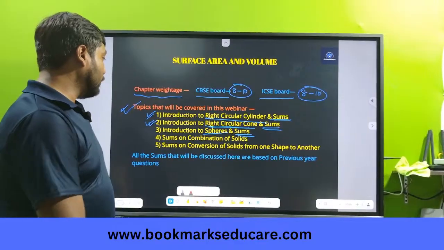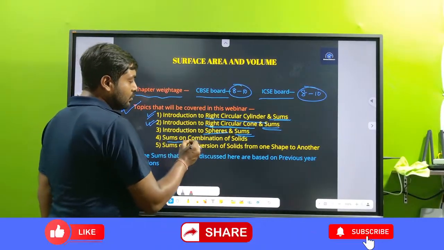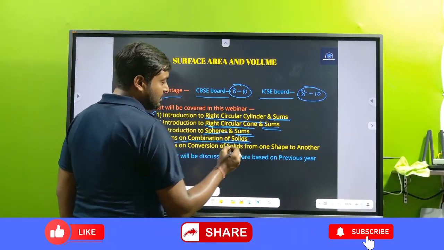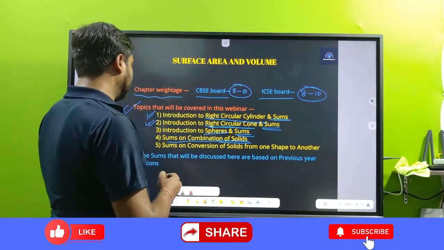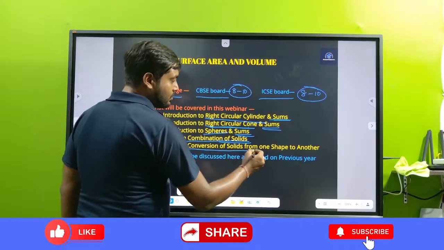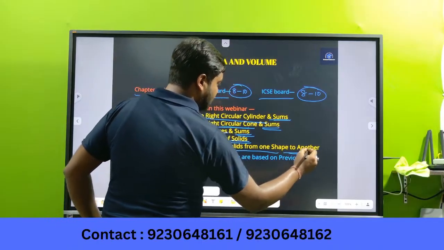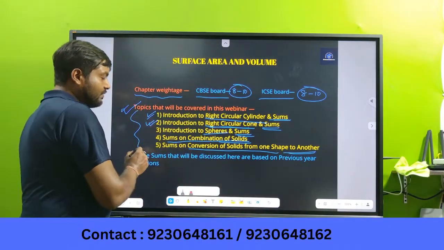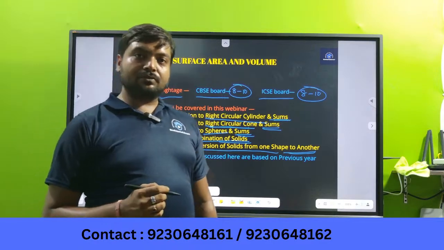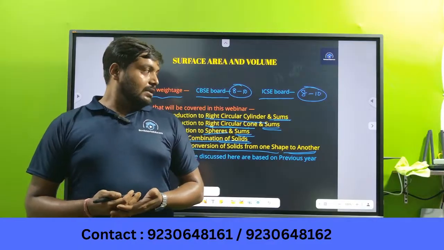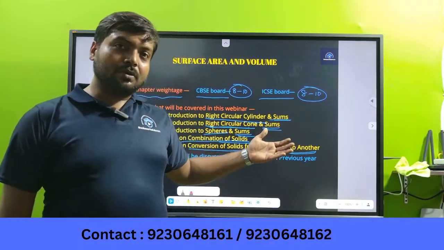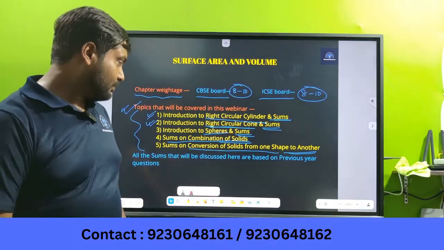The fourth part is sums on combination of figures, that is called frustum also. And the fifth part is sums on conversion of solid from one shape to another shape. So mostly these 5 parts are there in mensuration in both CBSE and ICSE boards. It is a very important chapter, so please stay with us.